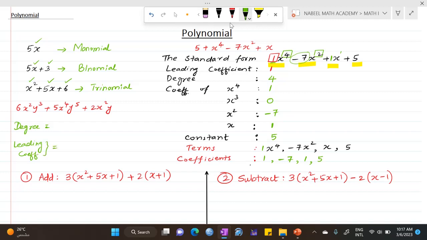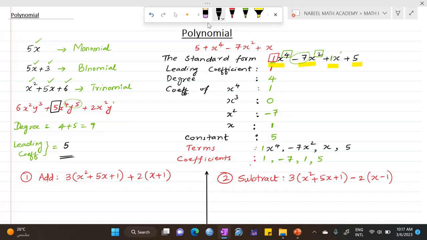So what is the degree here? 2 plus 3, which is 5. Here 4 plus 5, which is equal to 9, and 2 plus 1, which is 3. Therefore the highest power is 4 plus 5, which is 9, my degree, and the corresponding leading coefficient is 5. That's it.